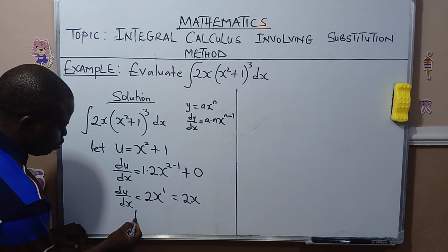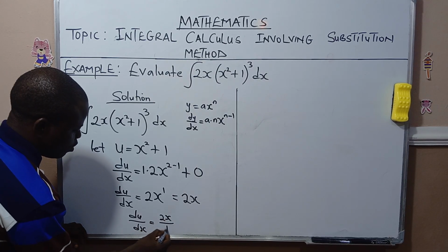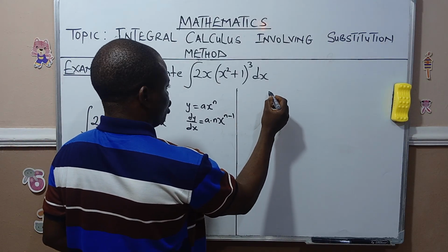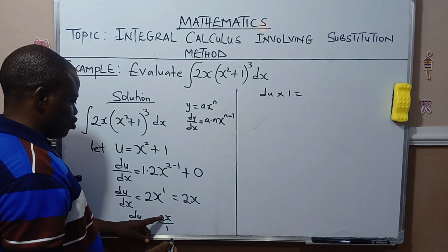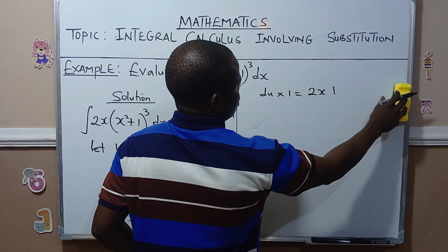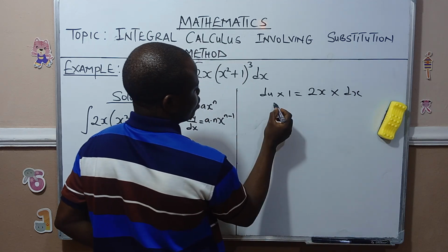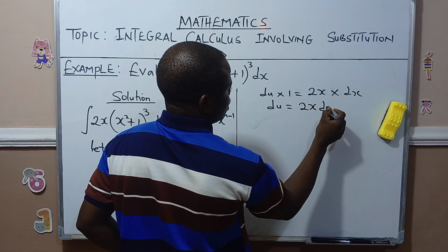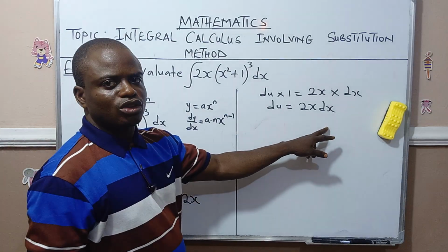You have du over dx equals 2x over 1. Let's cross multiply. You have du times 1 equals 2x times dx. So du equals 2x dx. And don't forget that you want to make dx the subject of the formula.